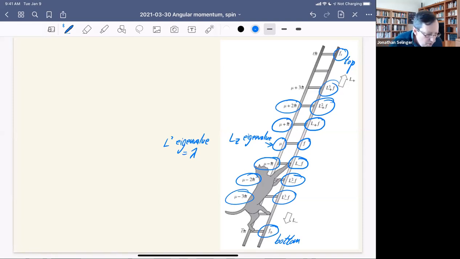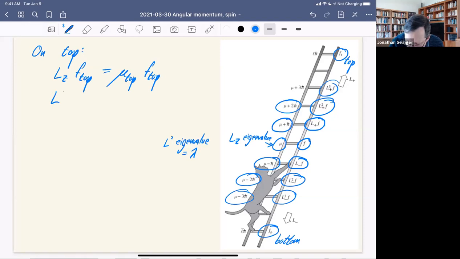What do we know about the top? That was what I ended with last time. On the top, we have that Lz acting on f top is equal to mu top f top. And L squared acting on f top is lambda f top, because every state on this ladder has the L squared eigenvalue equal to lambda.